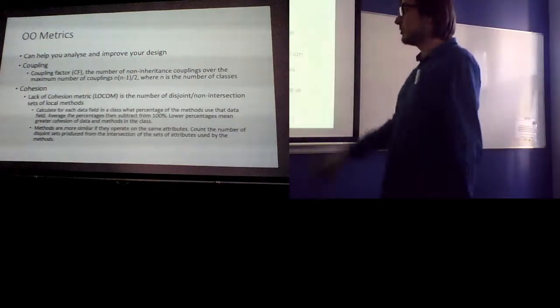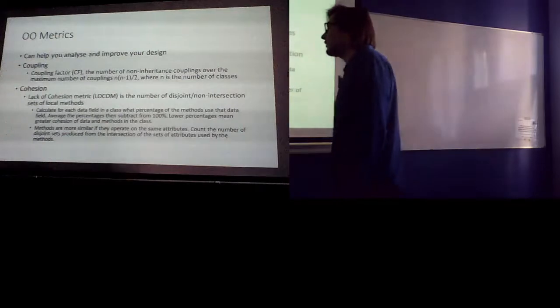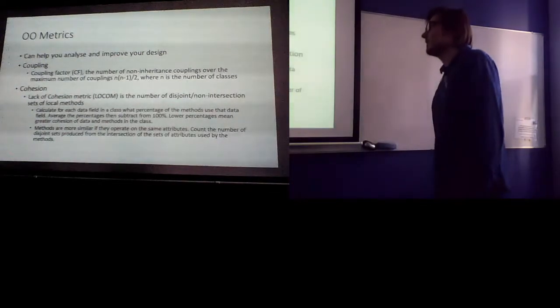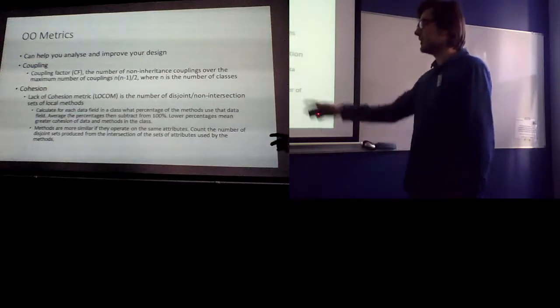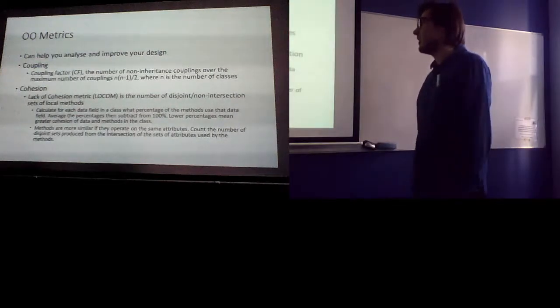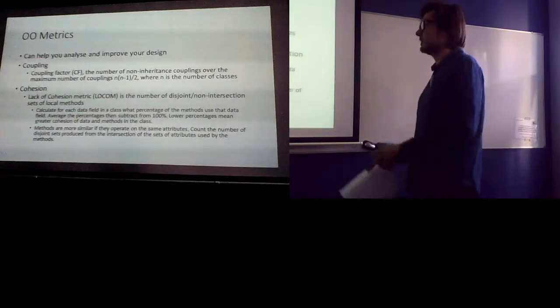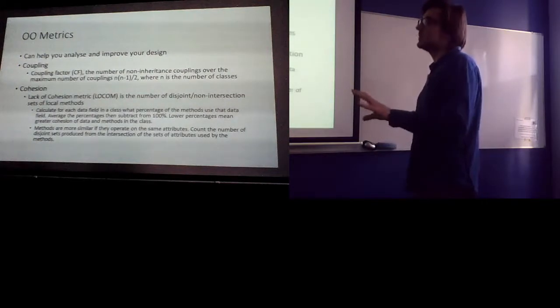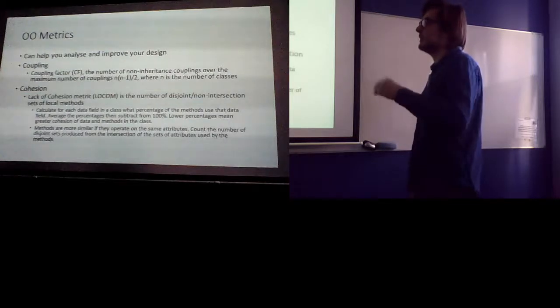Then you can also find the lack of cohesion metric. You look at the class and the data fields that the class consists of, and at the methods that it has, and find for each method how many different data fields it accesses.